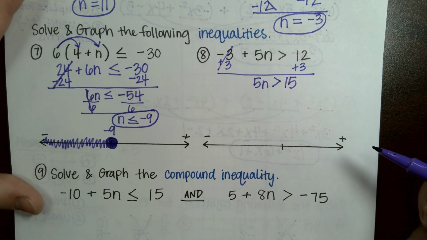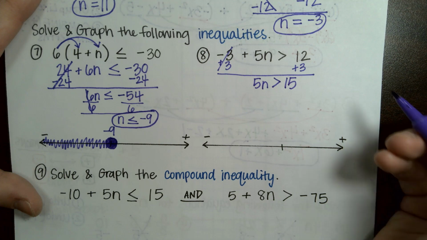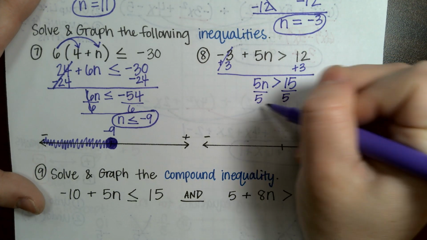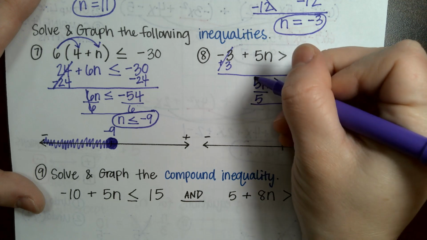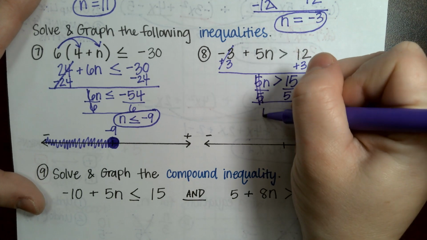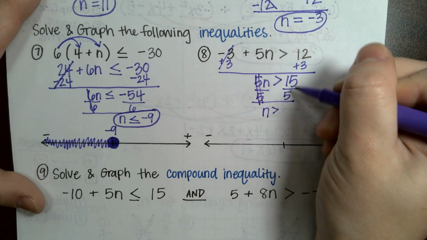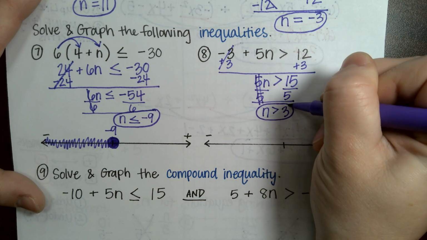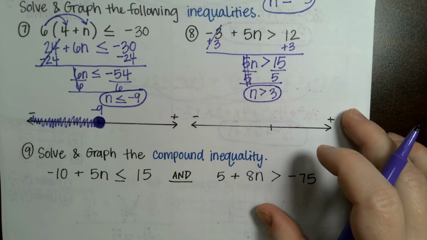Okay, now what do I do? Good, divide by 5 on both sides. And my 5's will cancel, so I'm left with n is greater than 3. Awesome. N is greater than 3.